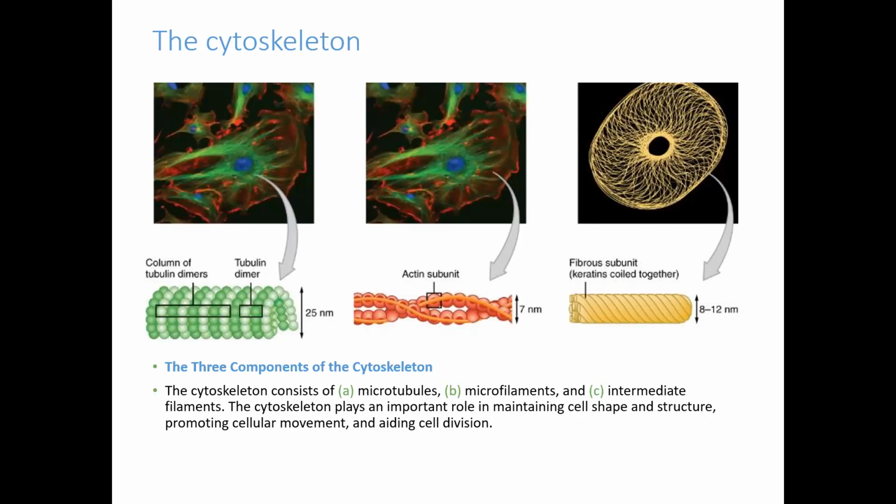We've all seen pictures of spindle fibers during mitosis, pulling the chromosomes apart. Those are nothing but tubules. It's thought that the fiber moves by taking fragments off one end of the tubule and adding them to the other, so the tubule seems to move as it changes its shape.